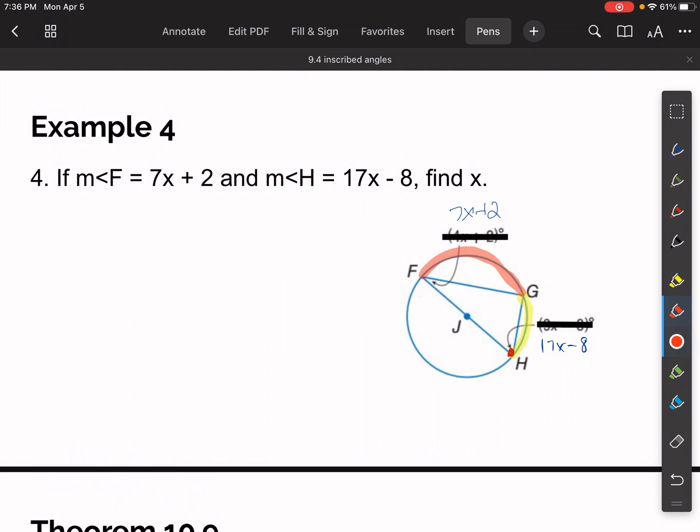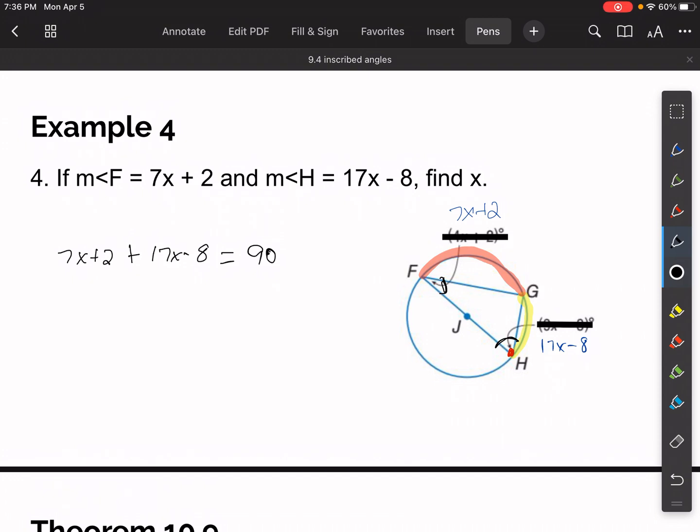Together, they create a semicircle of 180 degrees. But remember, these are inscribed angles, so it's half of that. So I need to say 7x plus 2 plus 17x minus 8. The two combined have to equal 90, since the arcs that they produce equal 180.